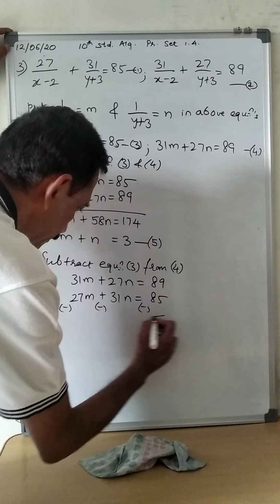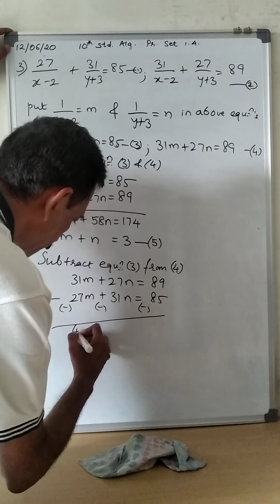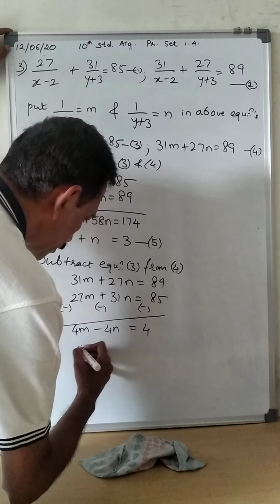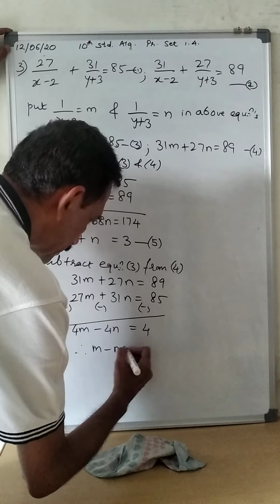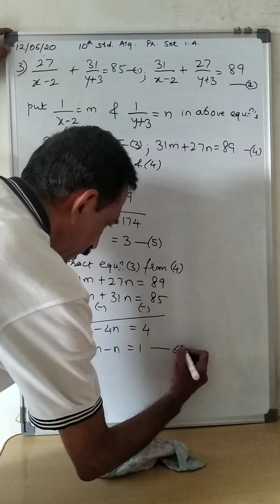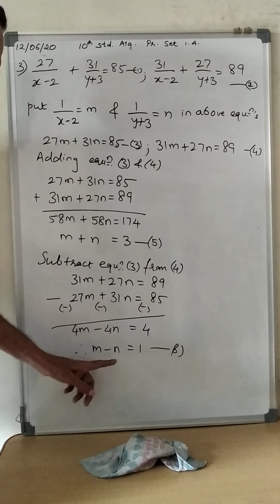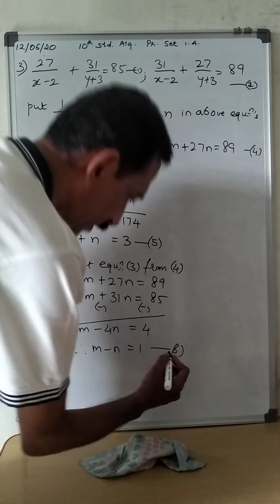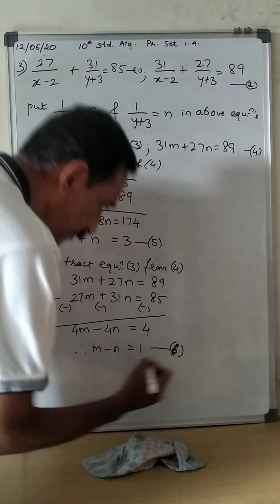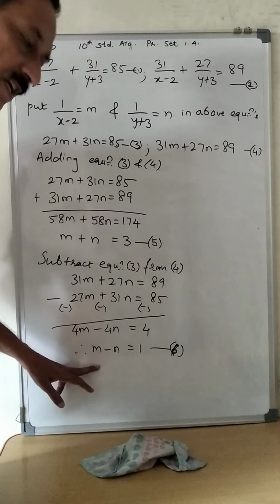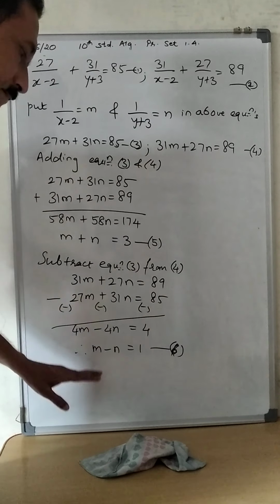So we get 4m minus 4n is equal to 4. Dividing throughout by 4, we get m minus n is equal to 1. So this is equation 6. So we got equation 5, equation 6: m plus n, m minus n.